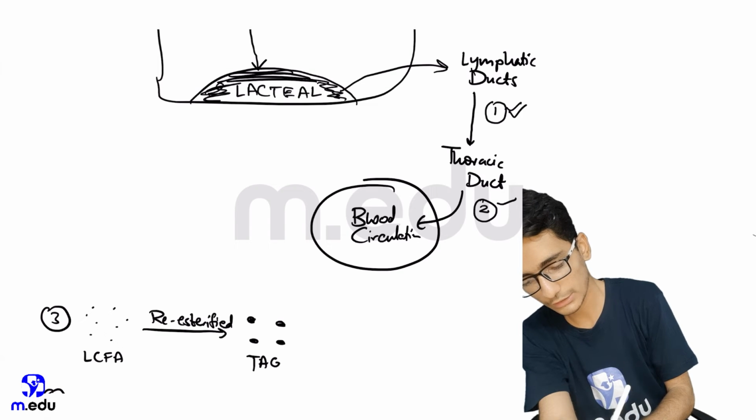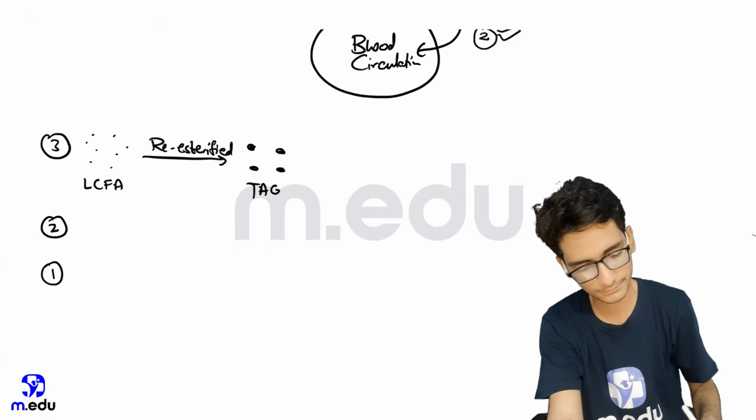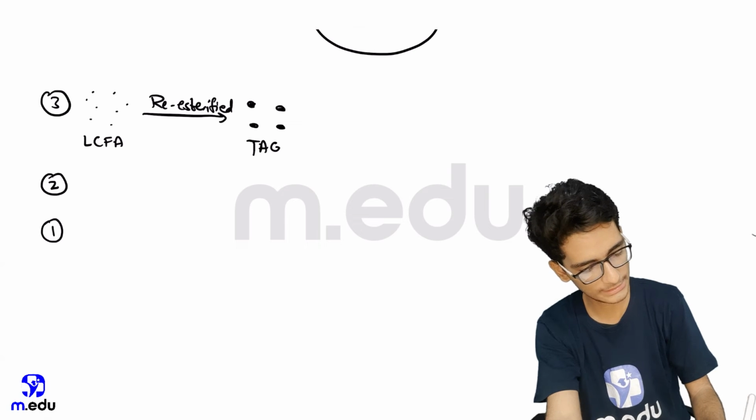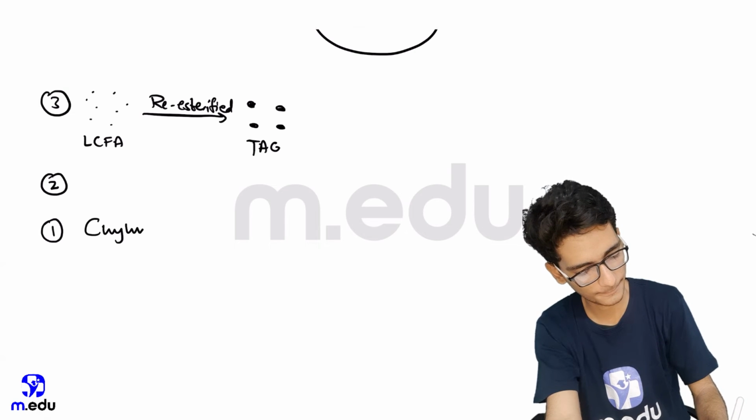Now let's look at the two anomalies we were talking about, from the clinical side. The first anomaly is chyluria.